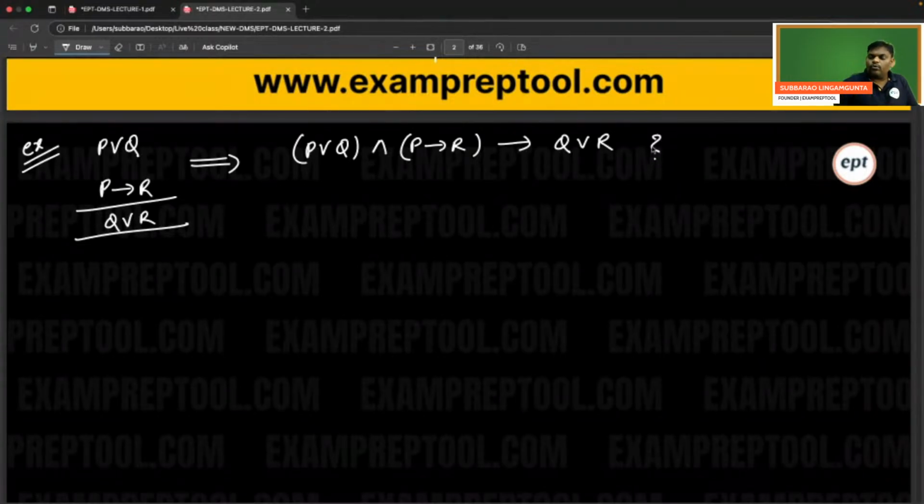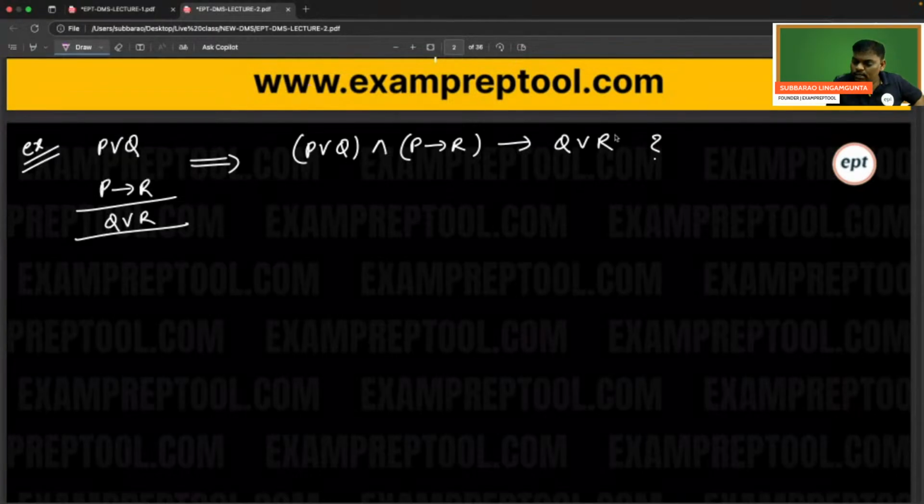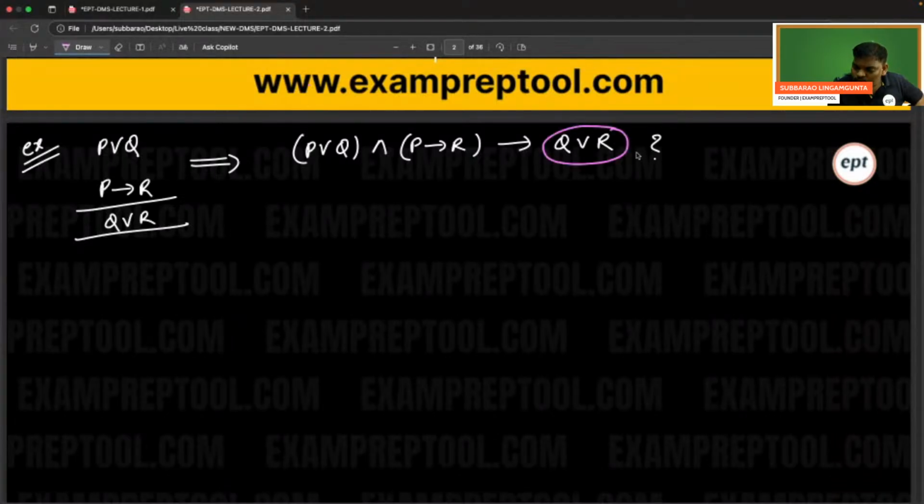We can do either left or right, anything is okay. So I am doing the right-hand side. Assume the right is false. If you assume this as false, Q or R false means only one possibility: Q false, R also false.